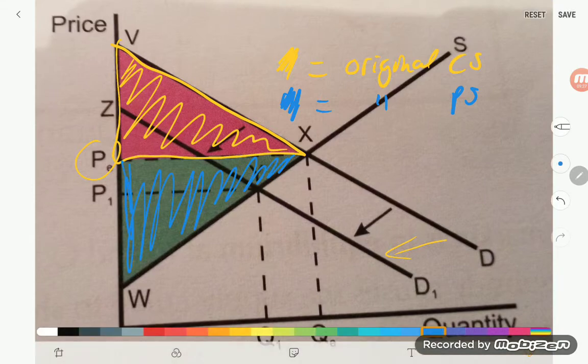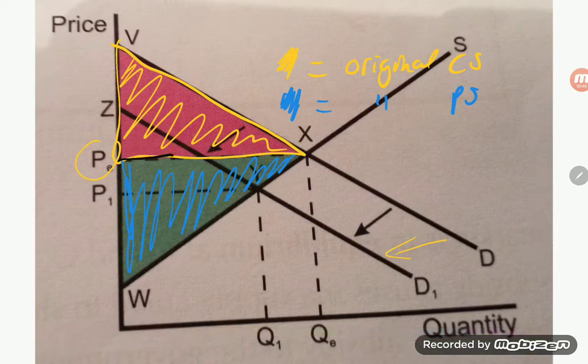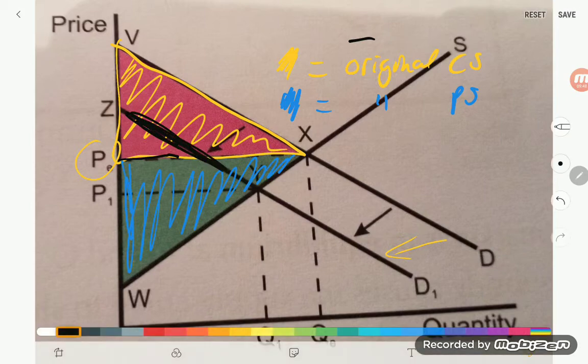Now, what's happened is that once the demand curve has shifted to the left, let's make that nice and clear so we know what we're talking about. This part here, look, there's my demand curve. You can see the consumer surplus is no longer this big yellow triangle. I'll put it in a different colour.